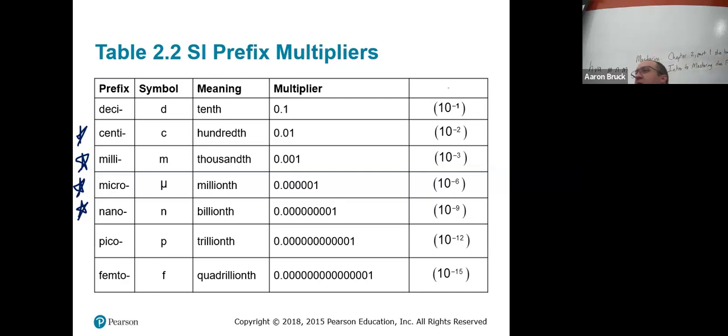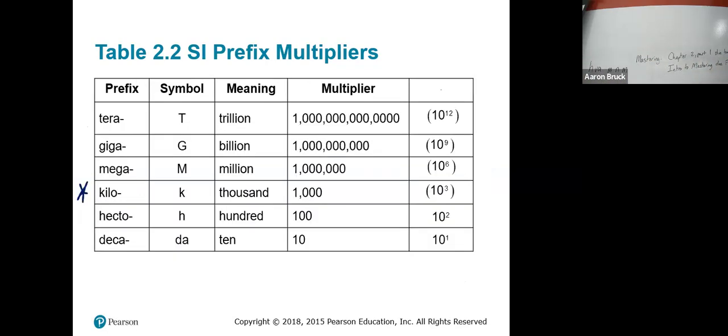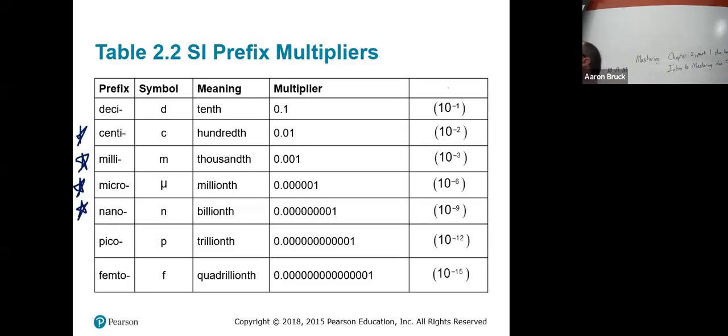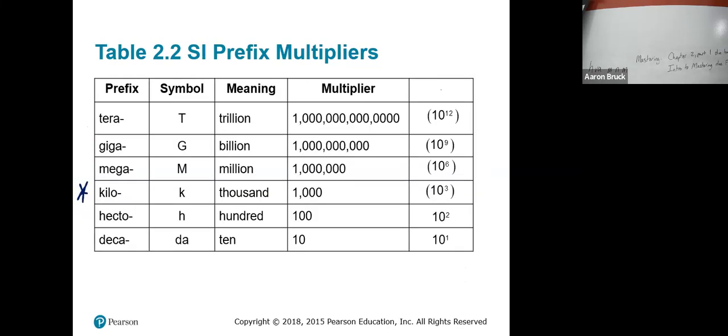And so if I look at my overall scheme here for the metric system, there are really only 5 of the prefixes that I really have to have an intimate need-to-know knowledge with. Kilo is 1,000 times the base unit. That means that a kilometer is 1,000 times bigger than a meter. That means a kilogram is 1,000 times bigger than a gram.